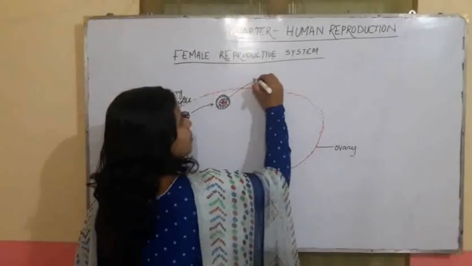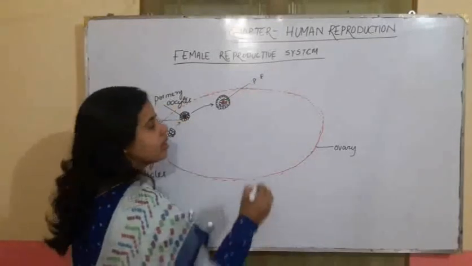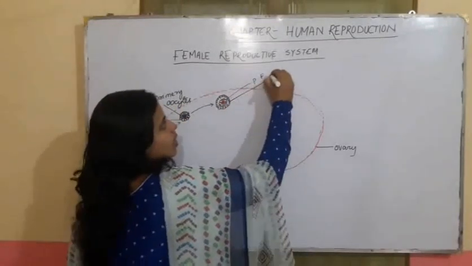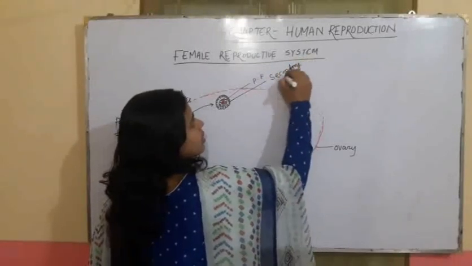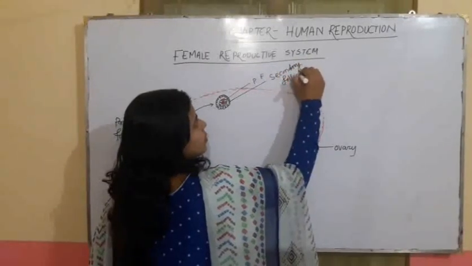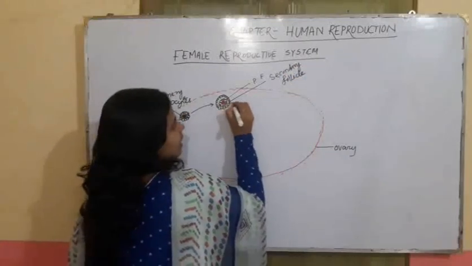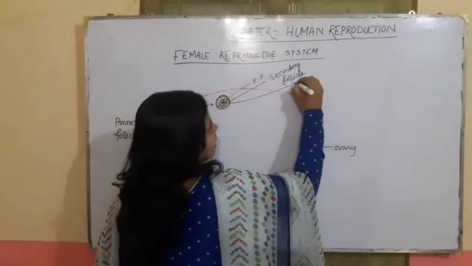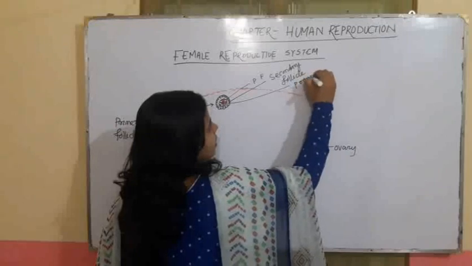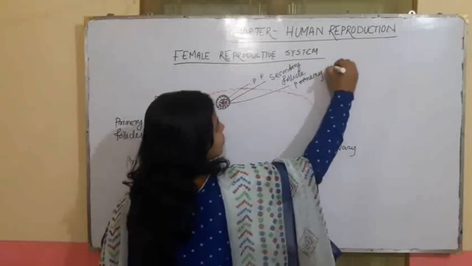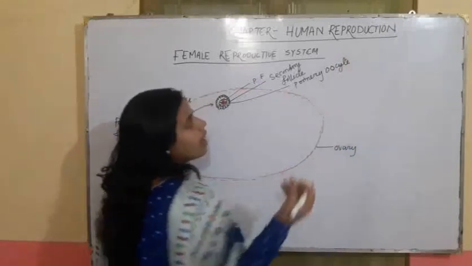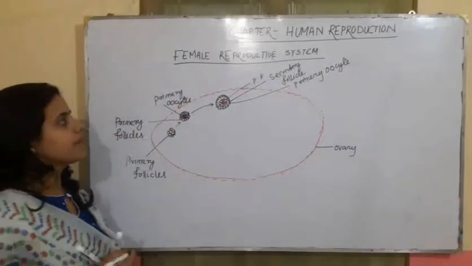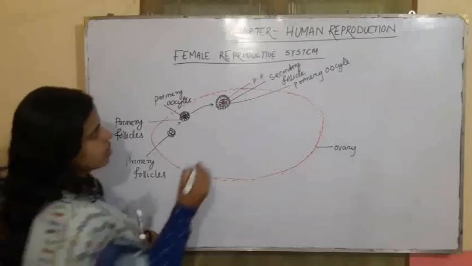This is the primary follicle, and the outer one is called the secondary follicle, and inside that it has again what? Primary oocyte. Oocyte is nothing but the egg cell only. Okay, so this is the next one.